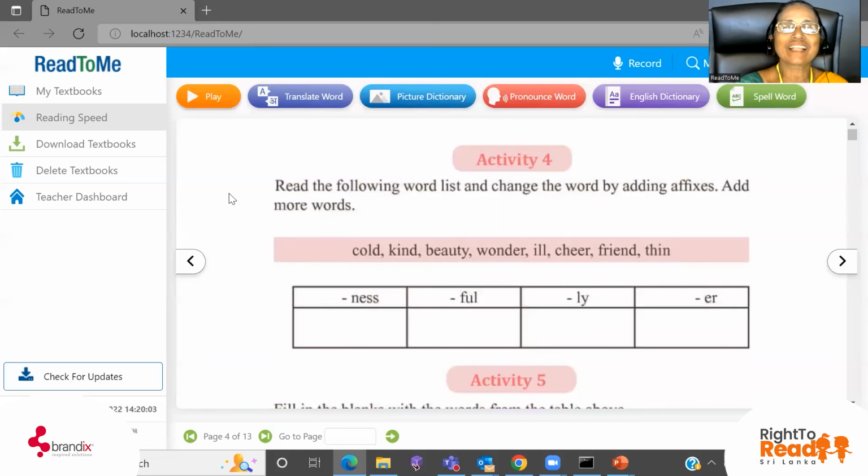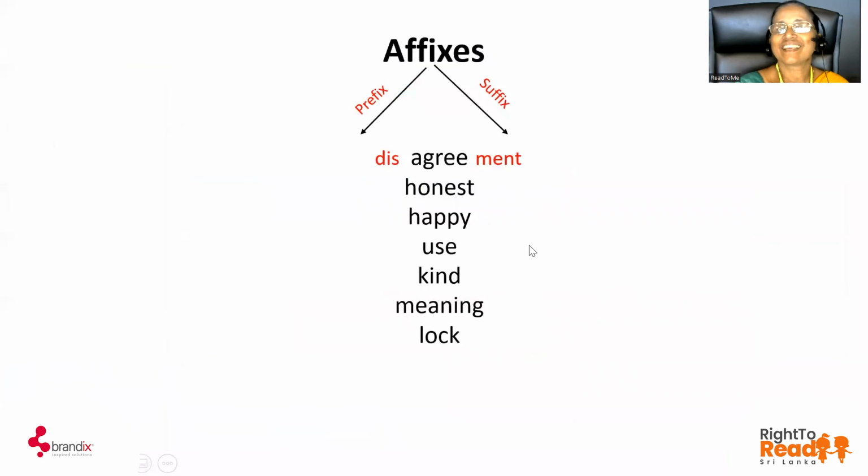Let's go back to the slide. Yes. Now, today you learned affixes. We are going to learn more about this lesson in another session.